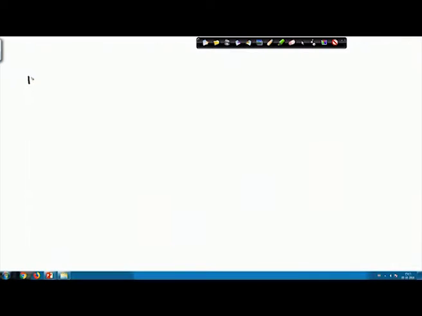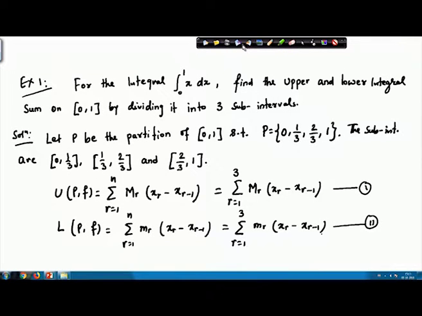So we have f(x) equals x, and from here our capital M1 is basically f of 1 by 3, because f(x) equals x is a monotonically increasing function in the interval 0 to 1, and therefore the maximum value of this function would be attained at the end point 1 by 3, because at x equals 0 the function attains its minimum value, and so on.